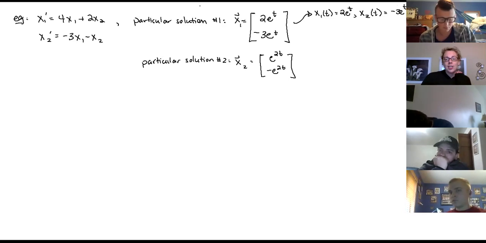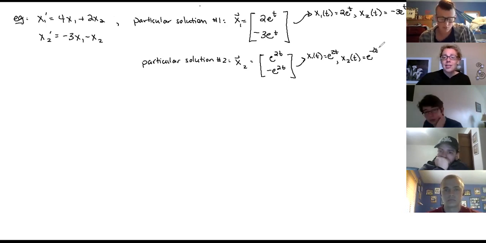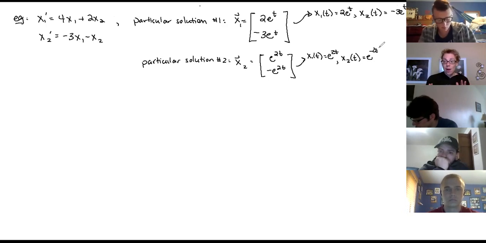So if I take their derivatives and plug them back in, I should get two equations that balance. My second one is x1 of t equals e to the 2t, and x2 of t without vector arrows is e to the negative 2t. That's the way I'm writing these out.